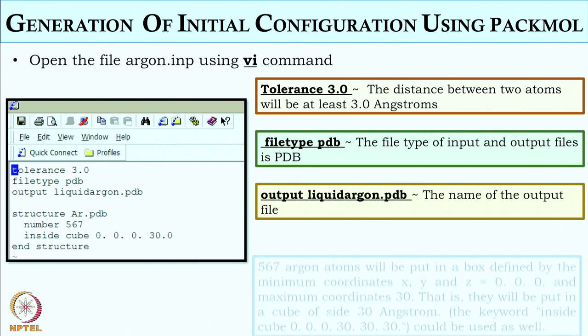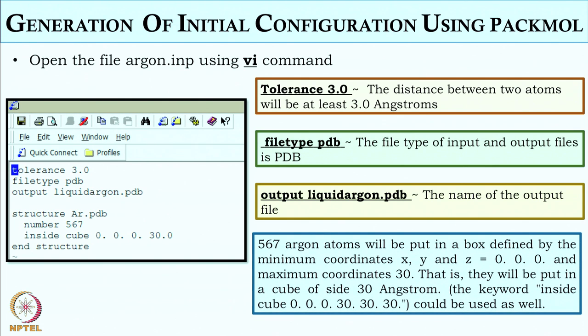And then there is structure argon.pdb. It is the name of the PDB file that we are using. Then there is the number 567, which is the total number of argon molecules in the simulation box.